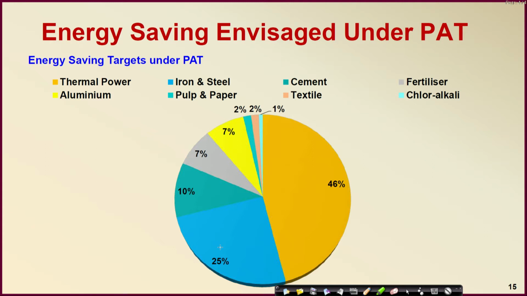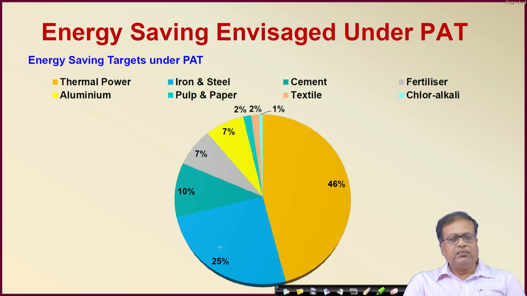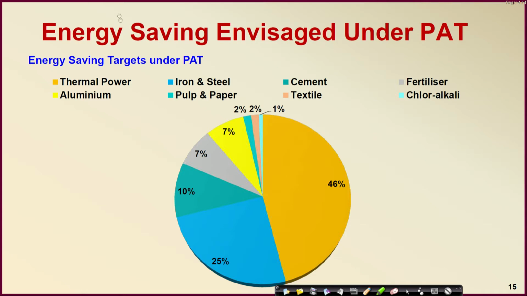So, you can well imagine the two industries, thermal power and iron and steel, together constitute as high as 71% of the energy saving targets. And because of this, specifically the thermal power sector is what has been taken up for the study that we are talking of.